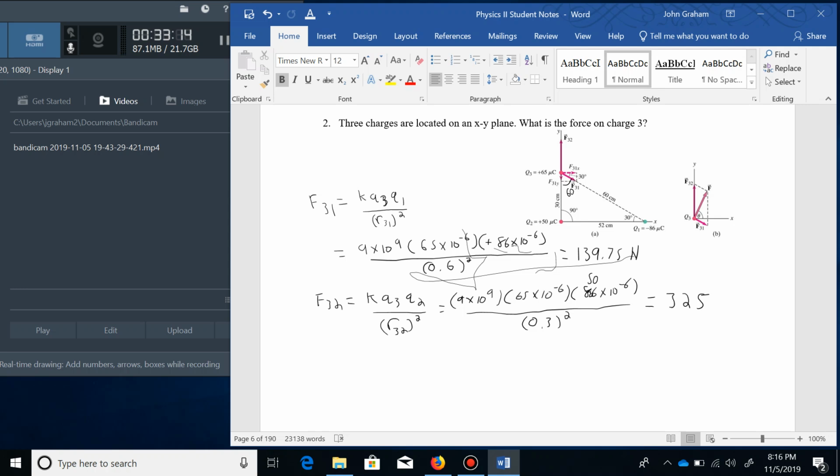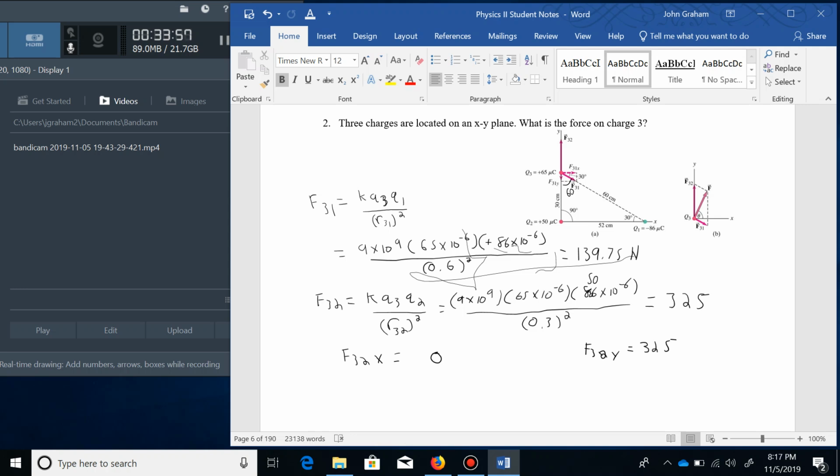Now, the components for F32, so F32X and F32Y, are actually not too hard to do because we can actually look and see what they are. They are acting directly in this line, and so the fact that one's pushing up, you're going to have the 325 be completely in the y direction, and in the x direction you're going to have just 0.